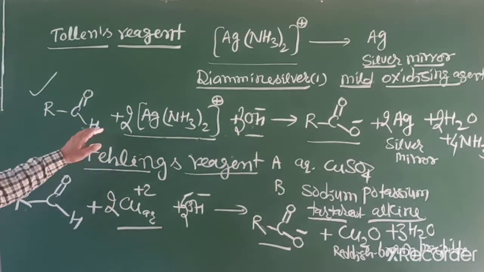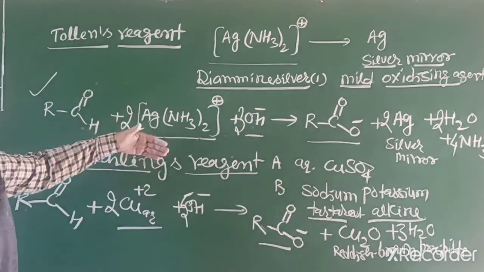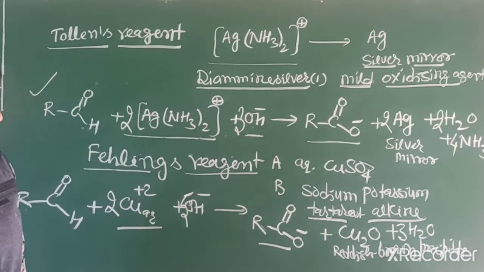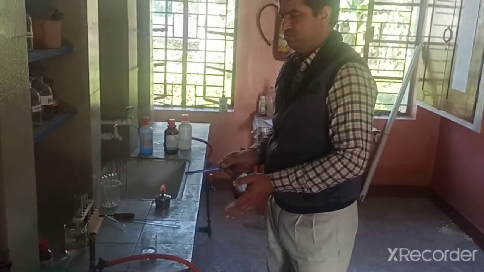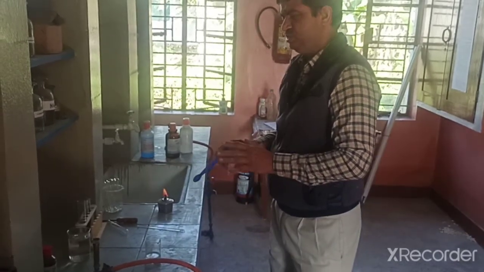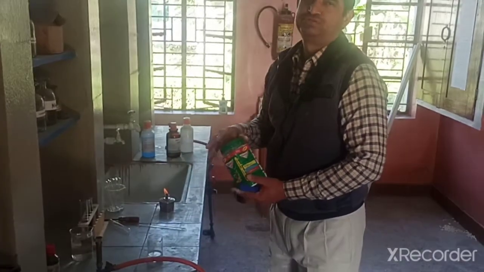Now we perform both these tests, first the Tollens test and then the reaction with Fehling's reagent. Now students, we want to distinguish aldehyde and ketone using the Tollens test. So students, you know glucose.